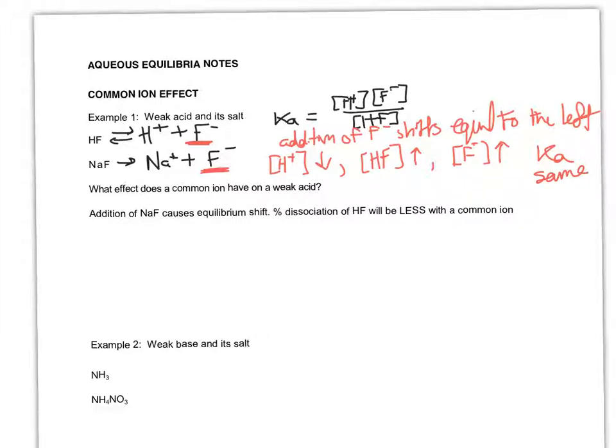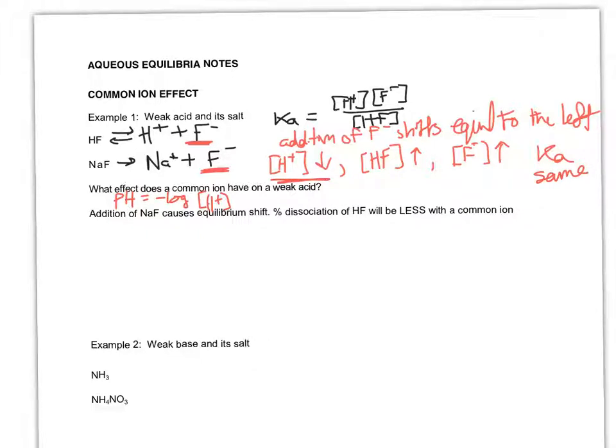So another effect that we'll have is on the pH. So what do you think would happen to the pH? Well, the pH is the negative log of the concentration of the H+. Let's take a look at what's happening to the H+ concentration. The H+ concentration is going down. It's becoming less acidic.